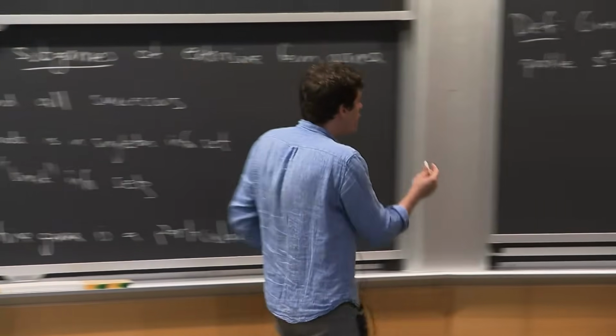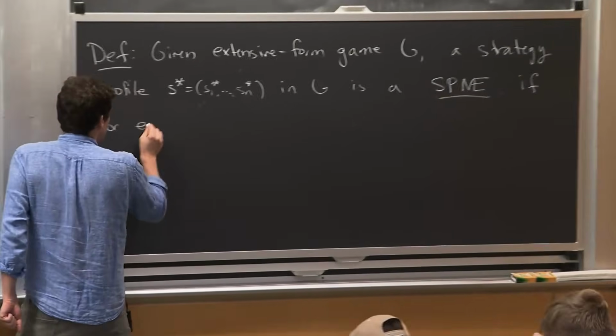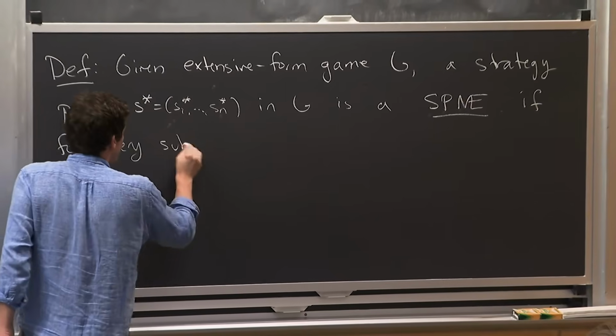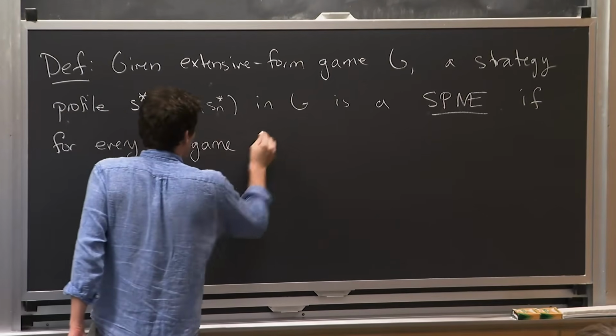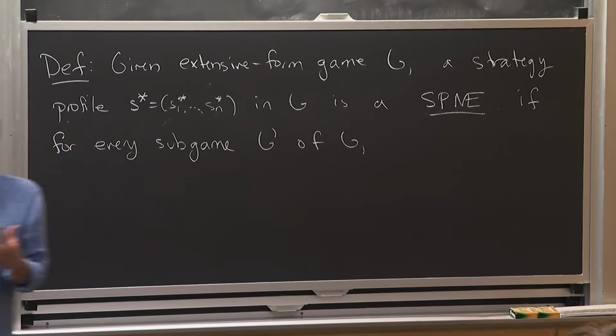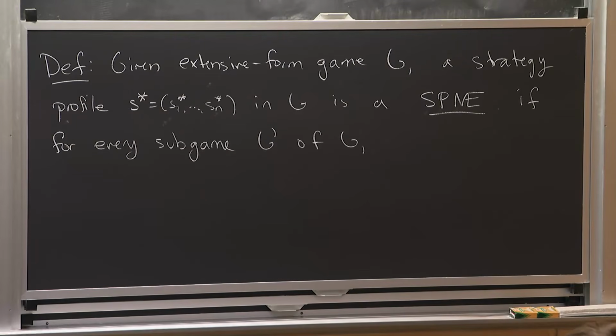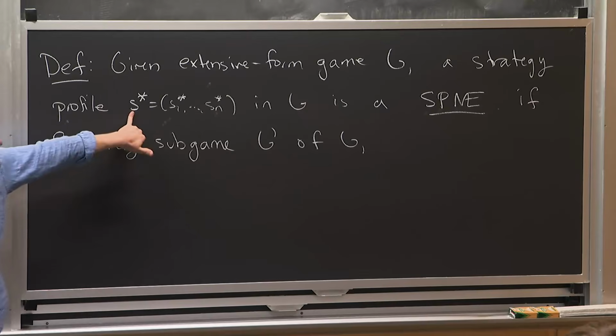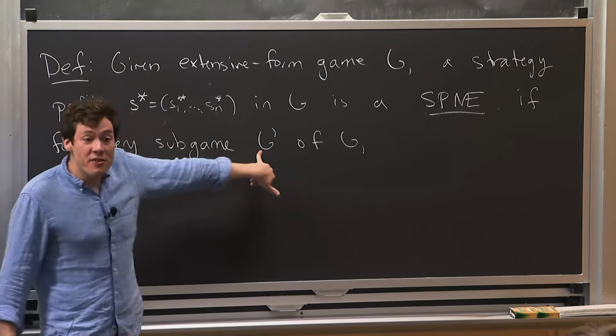So let's say if for every subgame G prime of G. So I'm going to impose a requirement on every subgame, and we've already gone through how we can identify all our subgames by looking at all the nodes. For every subgame G prime of G, well, we sort of want to say that S star is a Nash equilibrium of the subgame, right?